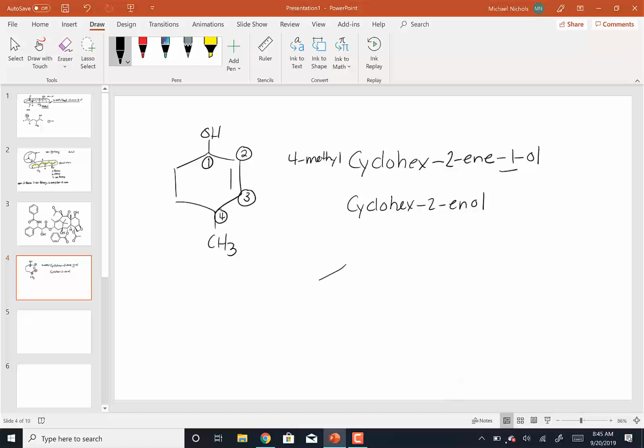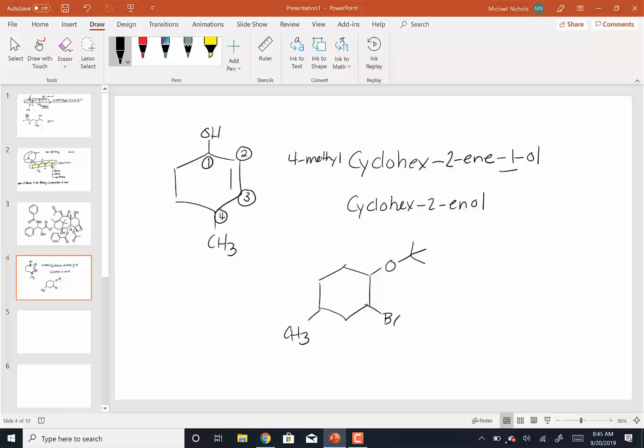In the context of an alkoxy group, what happens is that it is treated just like any other group. So when I look at this molecule, I have no groups of higher priority, meaning double or triple bonds or alcohols.